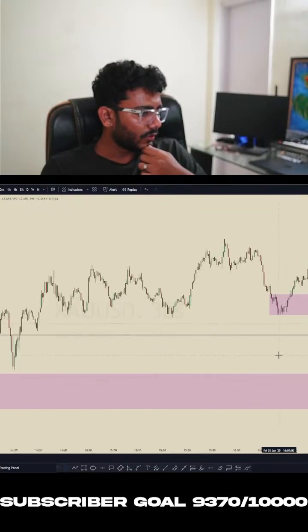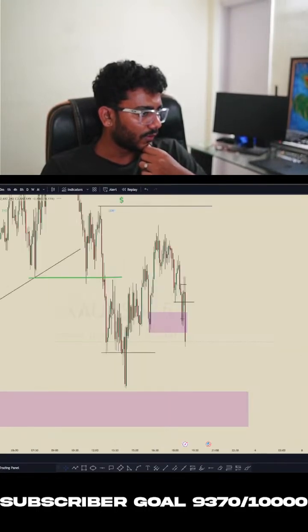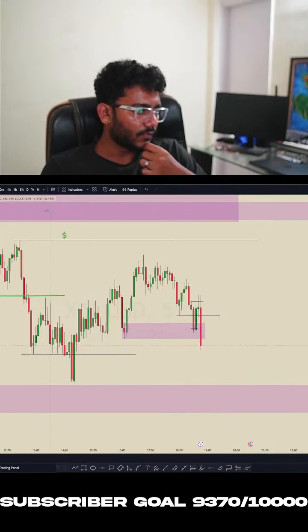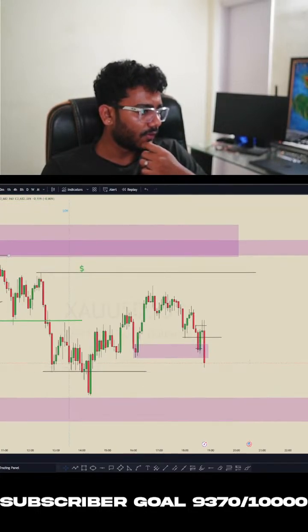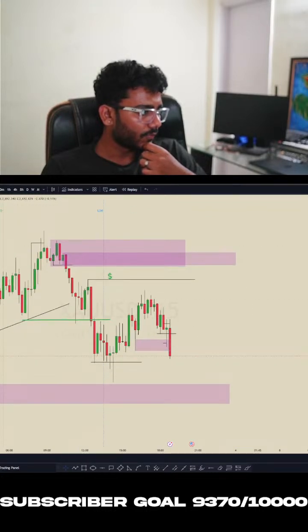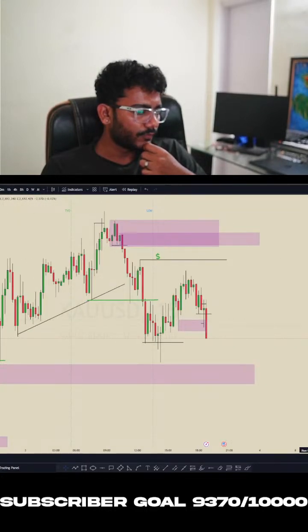Everything is mitigated over here, so I think we have to look for a sell side entry. But still, we don't have any order block where we can look for entries. We only have this sell side entry here, this one.